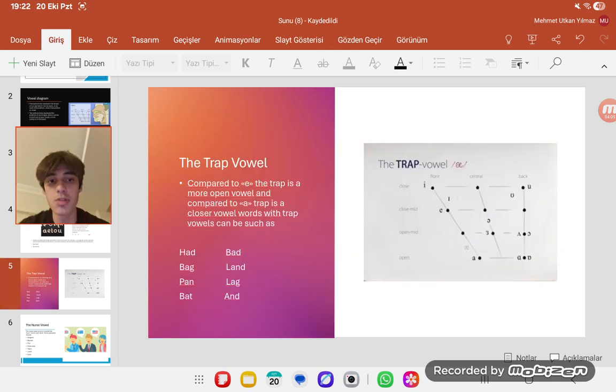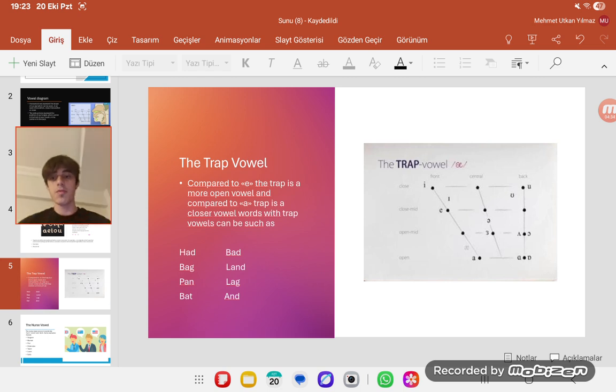The trap vowel, as you can see in the picture on the right, is a more open vowel compared to one, and a closer vowel compared to the other. Words with the trap vowel include hat, bag, pan, bat, land, and lag.